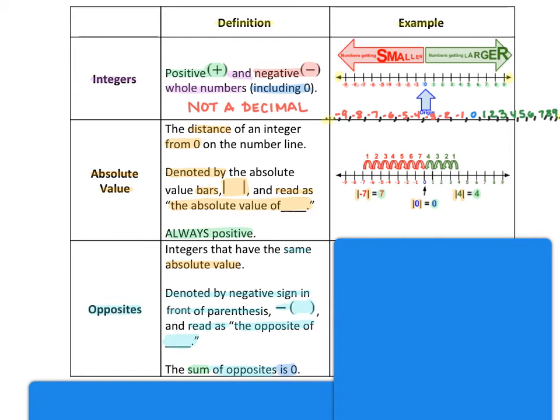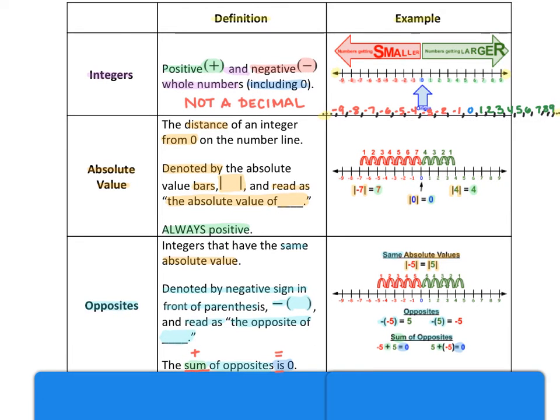A special thing to note about opposites is that the sum of opposites is 0. So in other words, if you were to add two integers that you said are opposites, you should get a 0 as your answer. You will always get 0 when you add your opposites together.